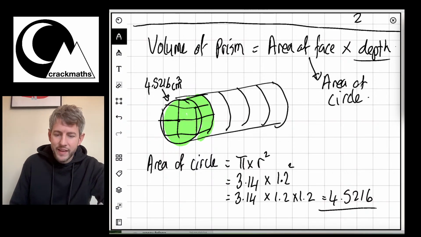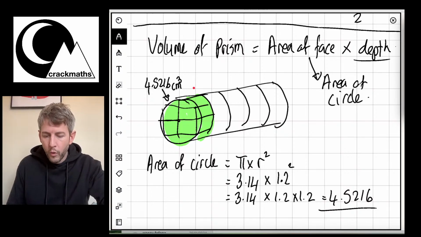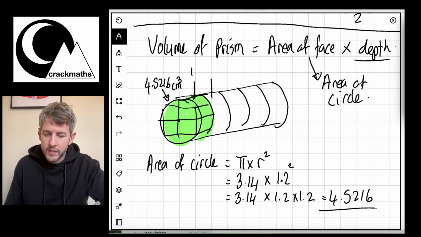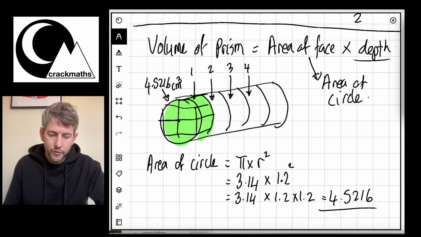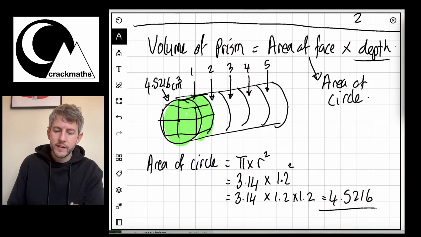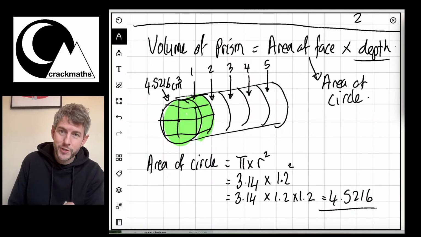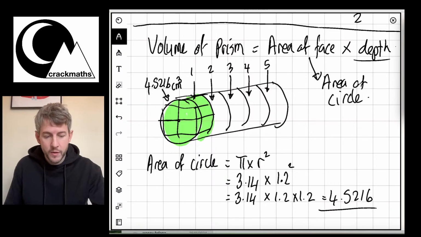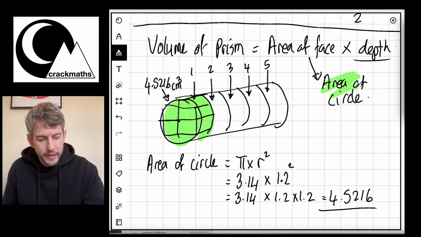Now, how many layers do I have? I've got one layer at the front, a second layer here, a third layer here, a fourth layer here, a fifth layer here. So I've got 5 layers of 4.5216 centimetres cubed.